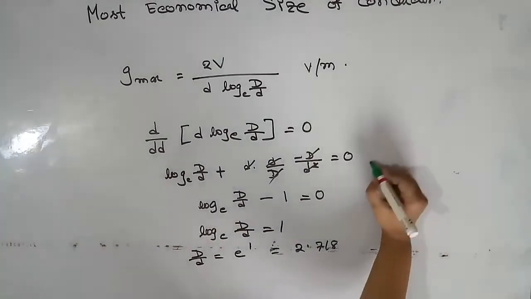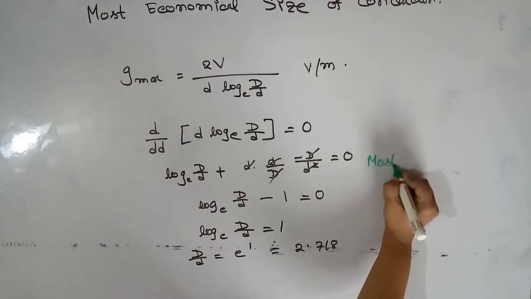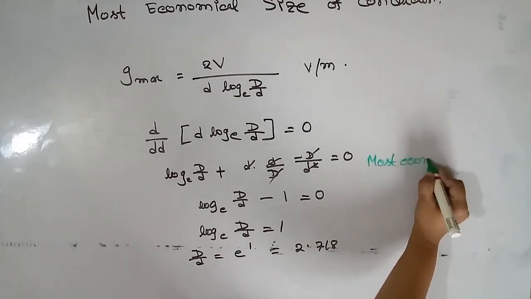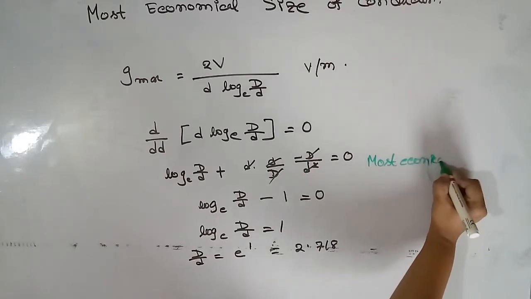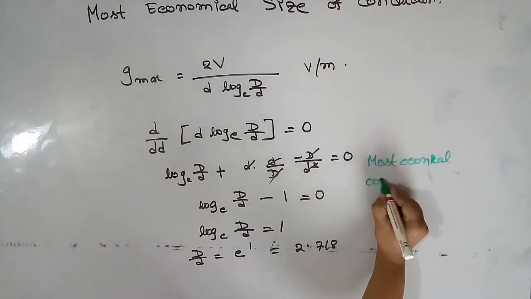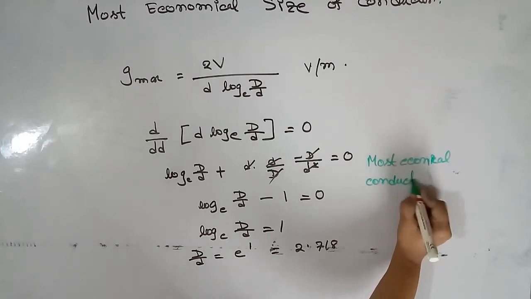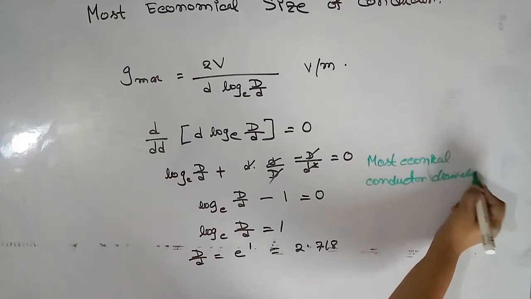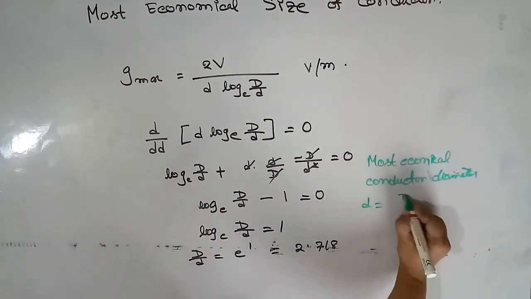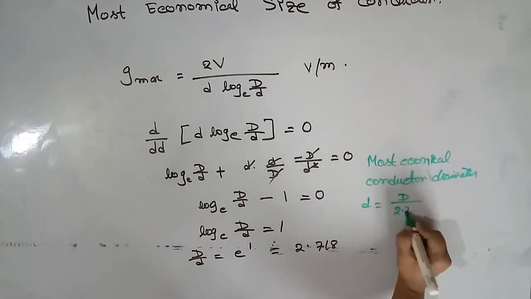So most economical conductor diameter is when d is equal to capital D by 2.718.